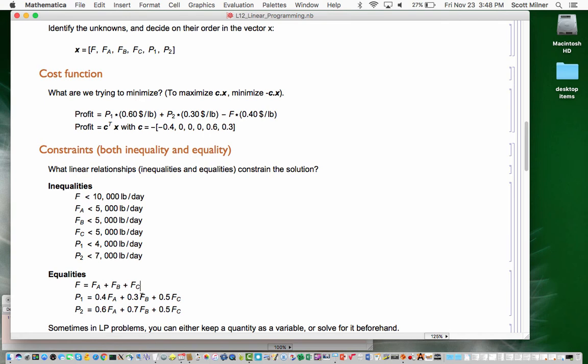And similarly, the contribution of the B unit is 30% times its feed is P1, and 70% of its feed is P2, and likewise C produced 50% P1 and 50% P2. So that's the form then of the total production of P1 and the total production of P2 in terms of the feeds to each unit.